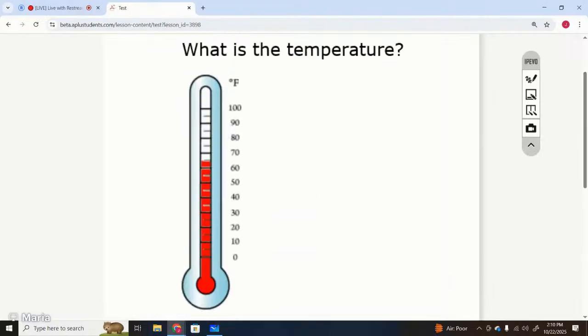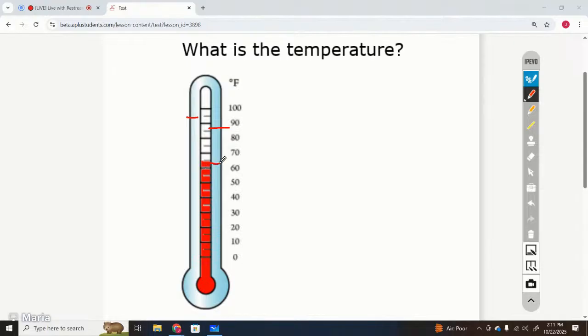What is the temperature? That is not 70, that is midway between 70 and 60.